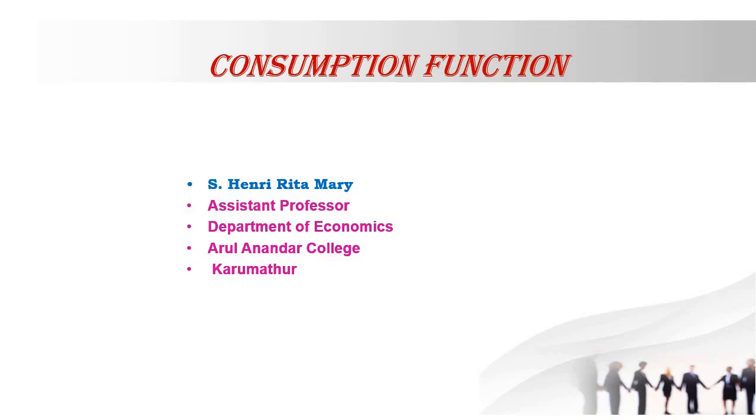Today I am going to discuss the topic consumption function in macroeconomics. The income consumption relationship, for which economists have coined the term consumption function, was originally called the propensity to consume by Keynes.